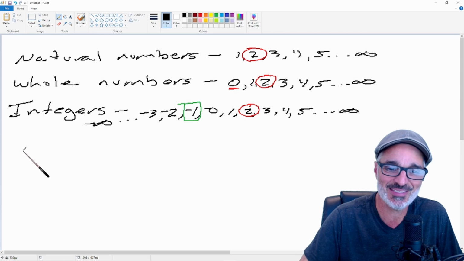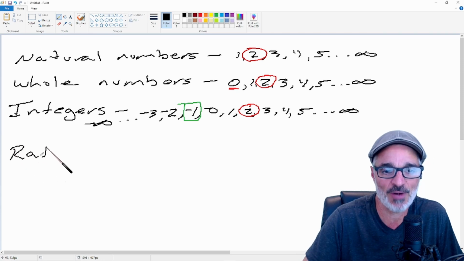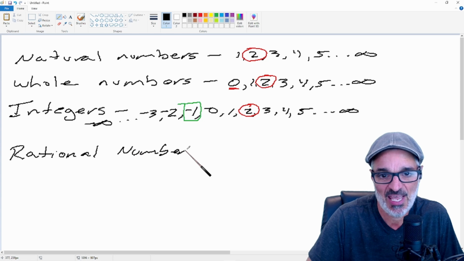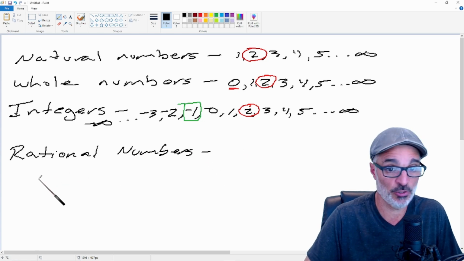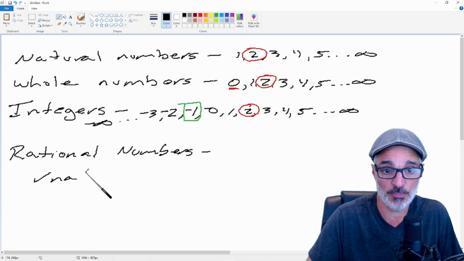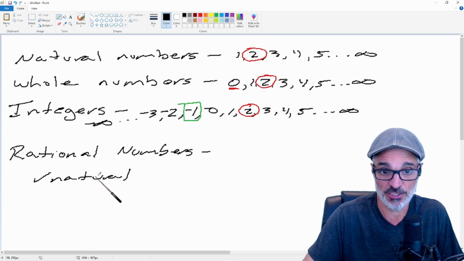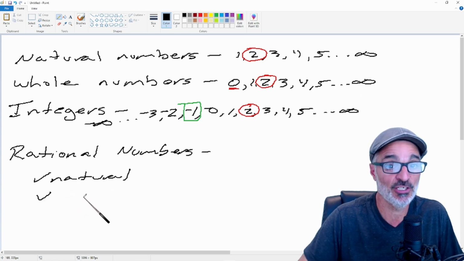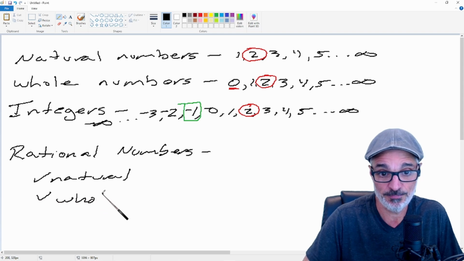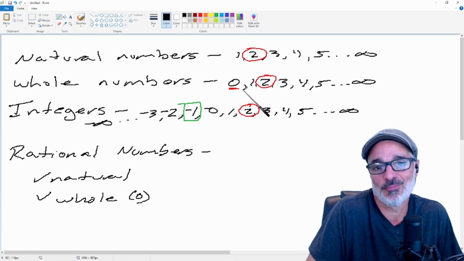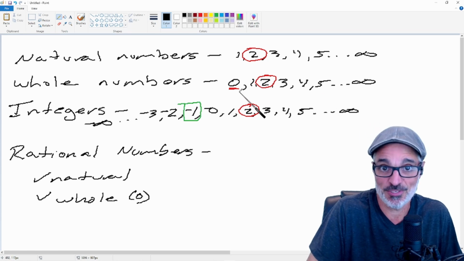All right, so let's come up with another group called the rational numbers. And the rational numbers are going to include all the natural numbers. So all of these numbers are included here in the rational numbers. It's going to include all the whole numbers, meaning 0, because all the whole numbers are all the natural numbers plus 0.